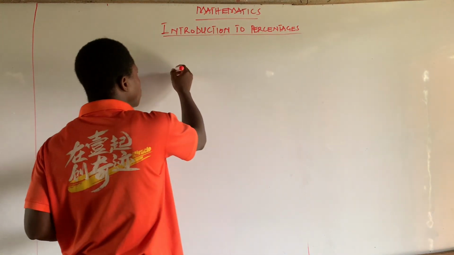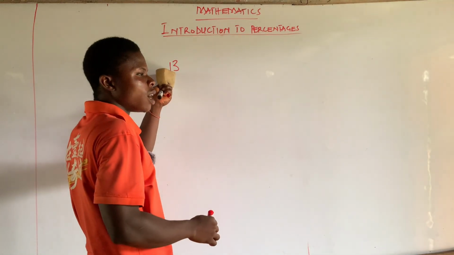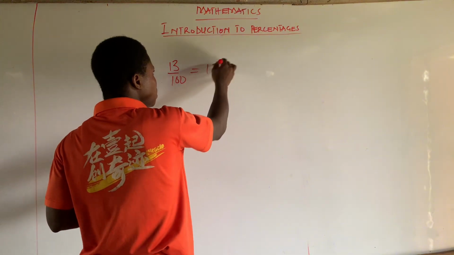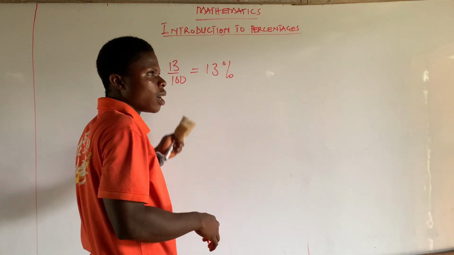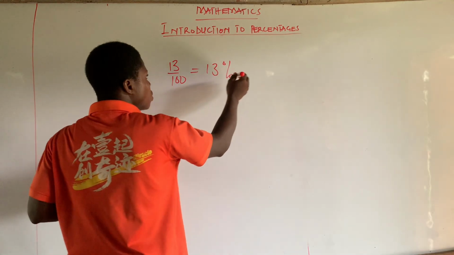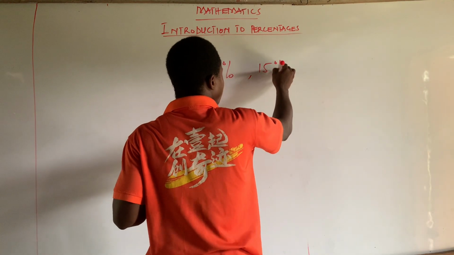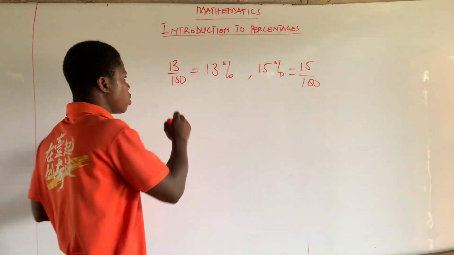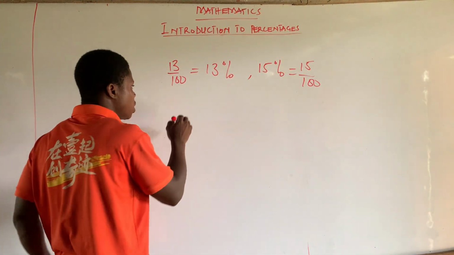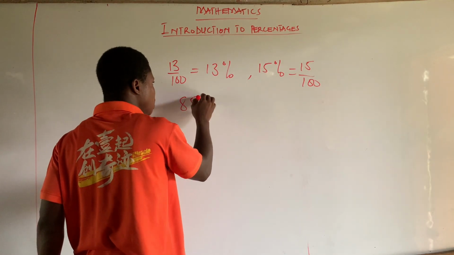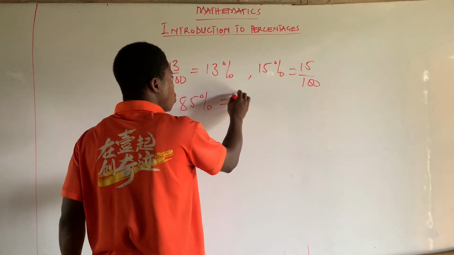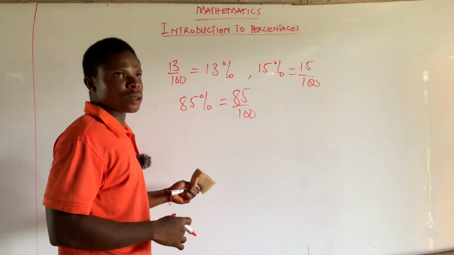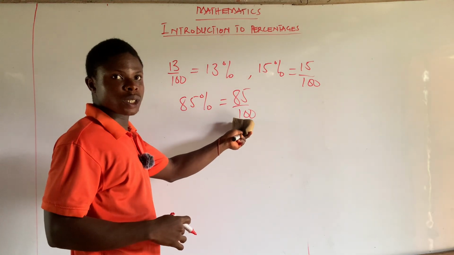So when I want to express this figure as a fraction of 100, it is the same as 13%. 15% means 15 out of 100. When you write an exam and score 85%, it means you scored 85 out of 100. This is what percentage means.